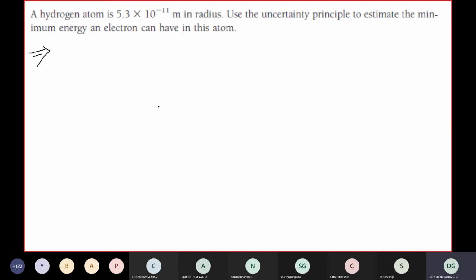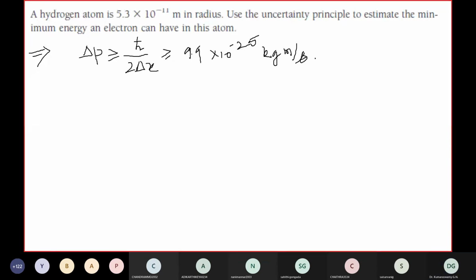So delta P is greater than or equal to h cross by 2 into delta x, which is 9.9 × 10^-25 kg meter per second.